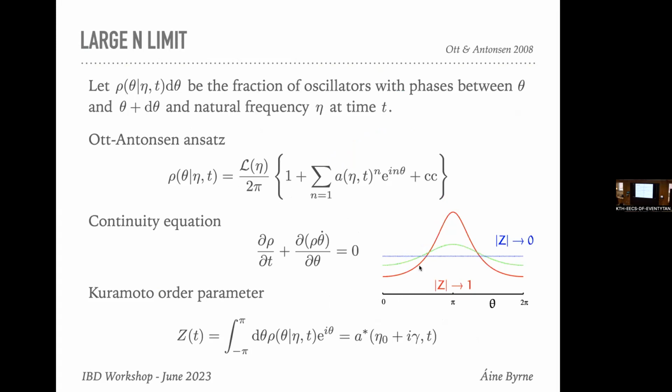As z goes to 0, we have a flat distribution, they're totally asynchronous. As z goes to 1, you're going to have a very peaked distribution. And somewhere in between, we have a peak, but it's not a sharp peak. And the maths behind this isn't particularly important for today's talk anyway. Just trust me that it works.